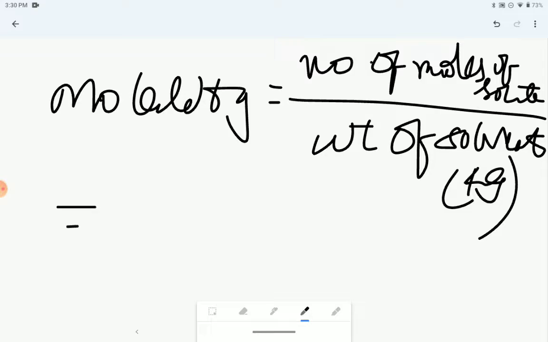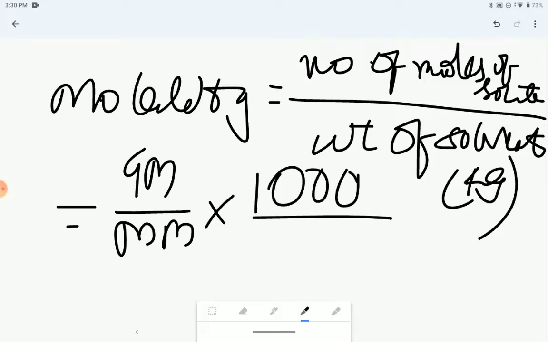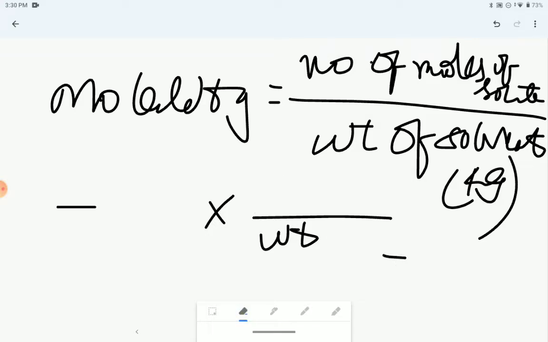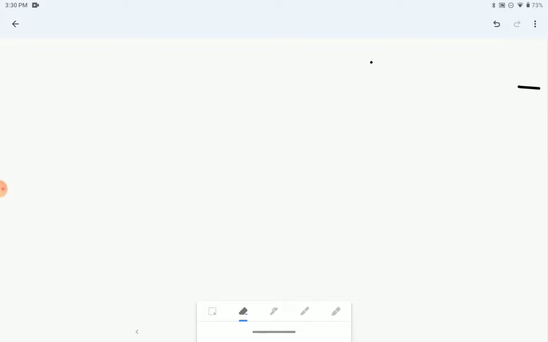So if we solve molality, number of moles comes out to be given mass by molar mass, into weight of solvent given in grams, so it becomes some x grams by 1000, but we can write that as into 1000 by weight of solvent given. So to solve this, we have the molality formula.